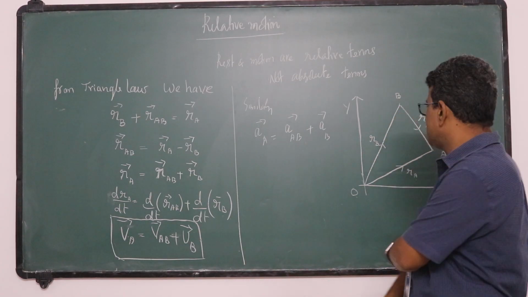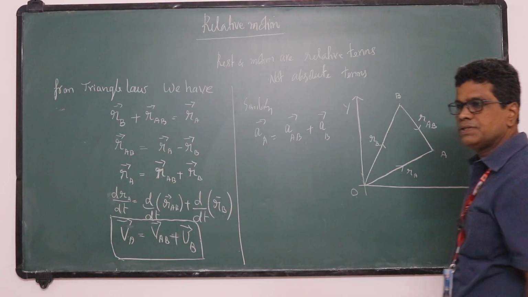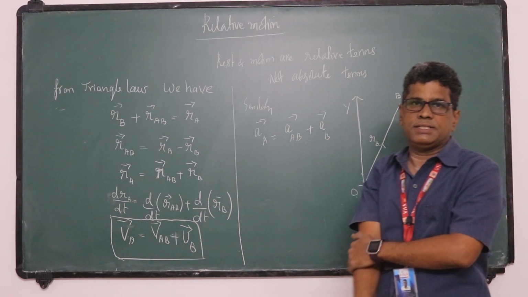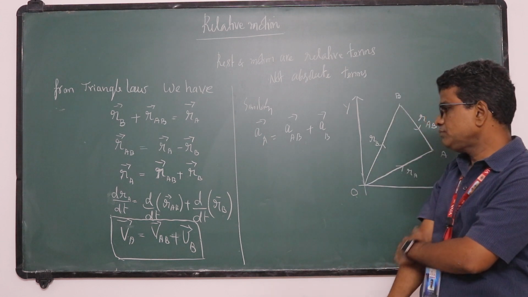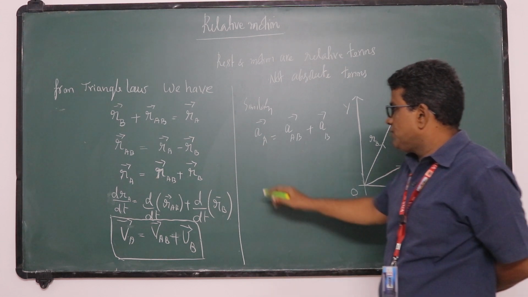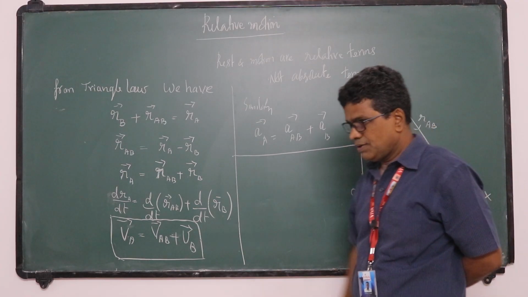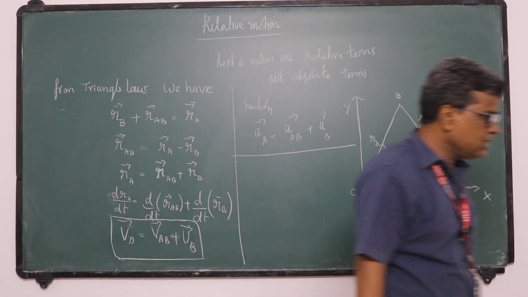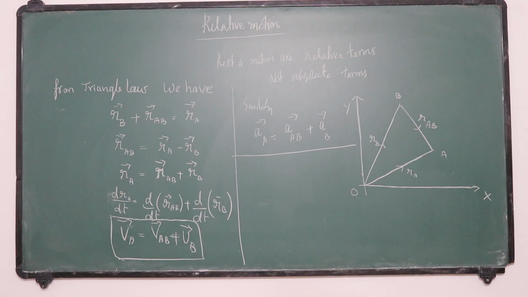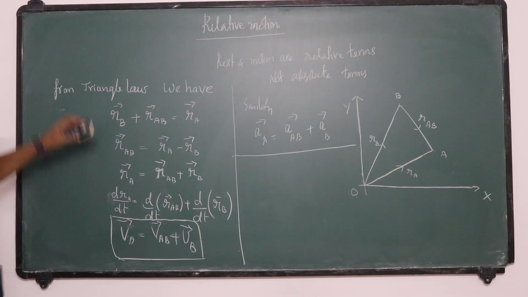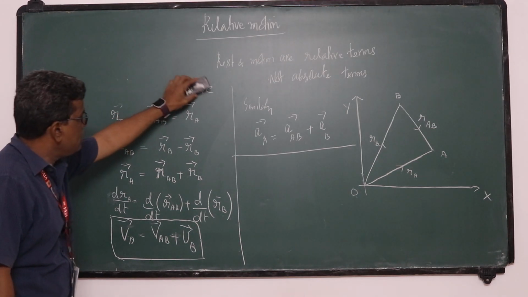So these are the relative positions, relative velocities and relative accelerations. Clear? So what is VAB? Now we will consider this VAB. So how we can pronounce this one? As VAB.